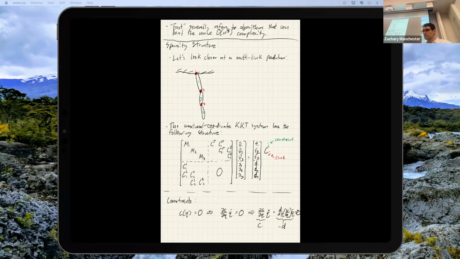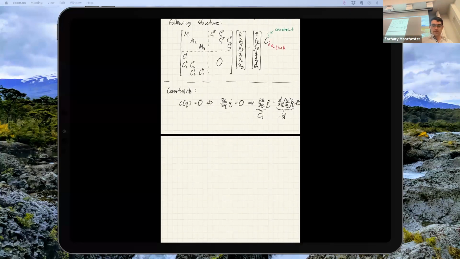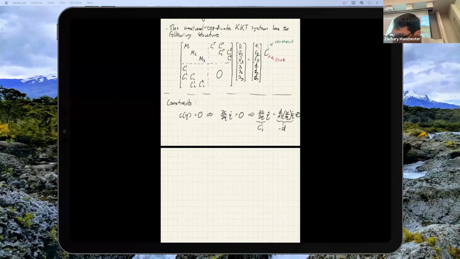That makes sense? Okay, cool. Okay, what's next? And then the note here is that the block structure repeats for any number of links.